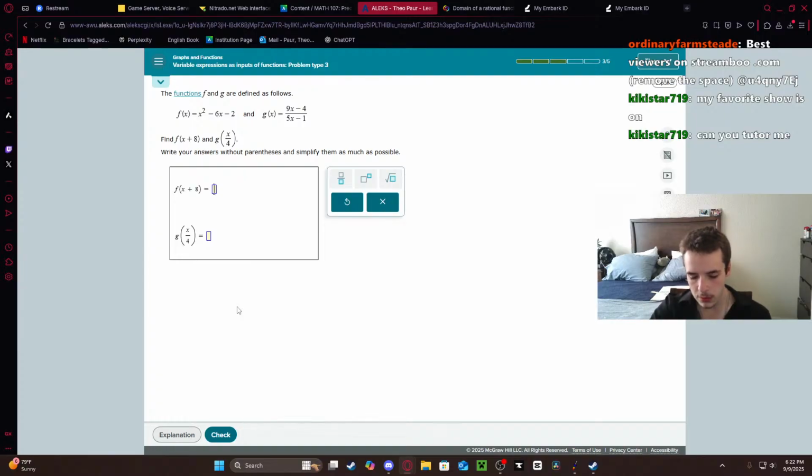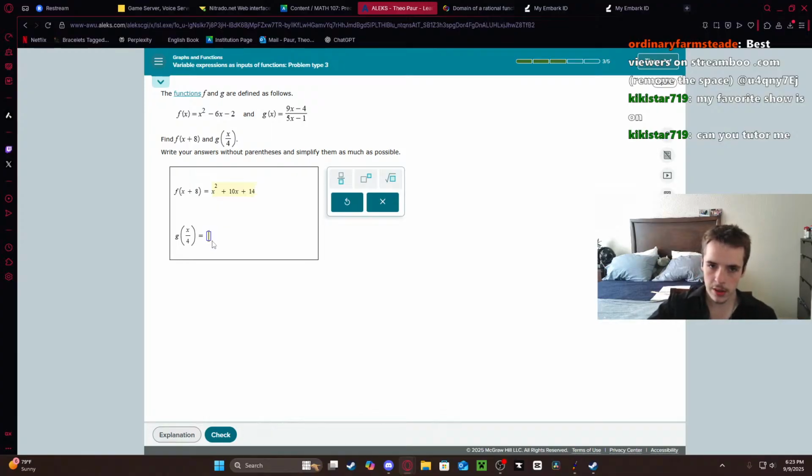Okay, so negative 48 minus 2 equals negative 50 plus 64 equals 14. And then negative 6x plus 16x gets us 10x. Okay, so that gives us x squared plus 10x plus 14.